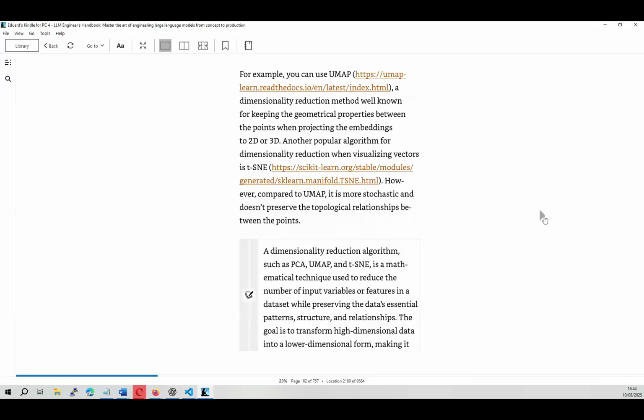Here the authors describe different algorithms used for dimensionality reduction. Obviously, the big number of dimensions makes it impossible to visually represent these vectors, because our human limitation is only 3 dimensions, x, y, z.